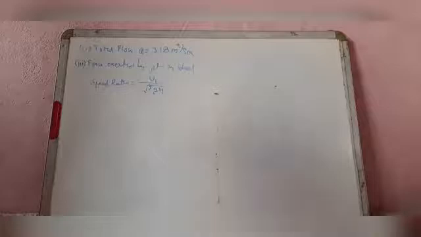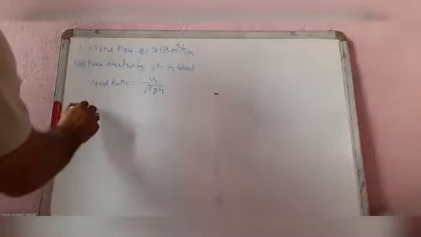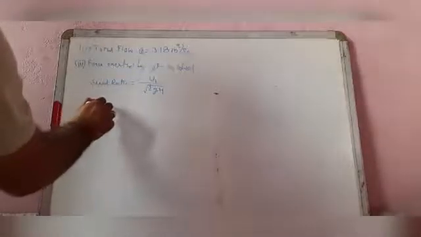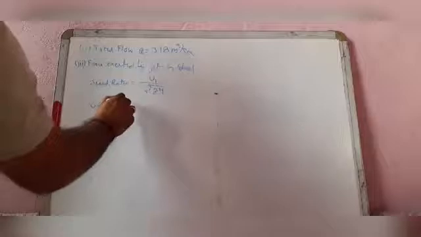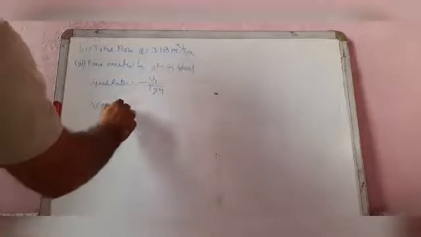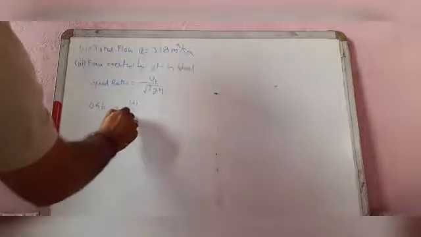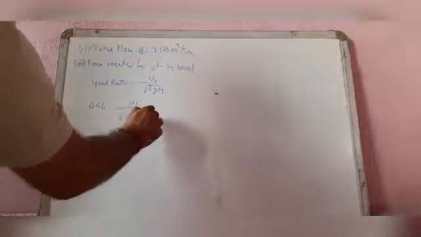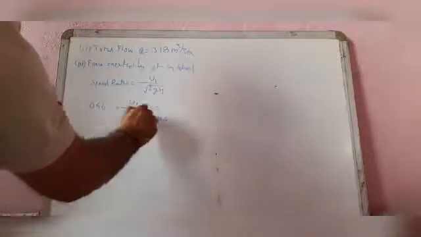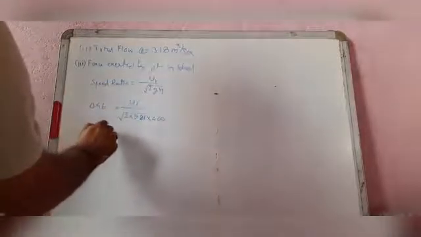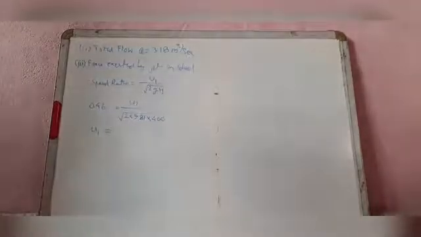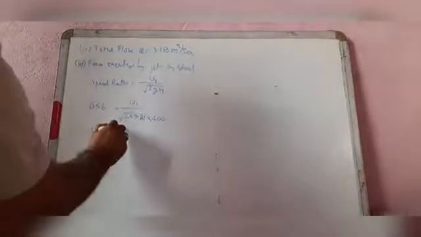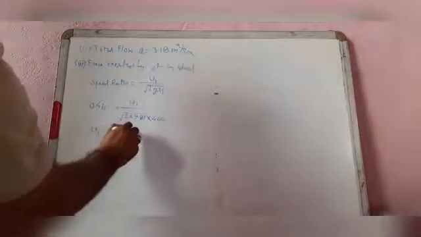So here this is given 0.46 equal to U1 by root 2 into 9.81 into 400. So the value of U1 comes 40.75 meter per second.